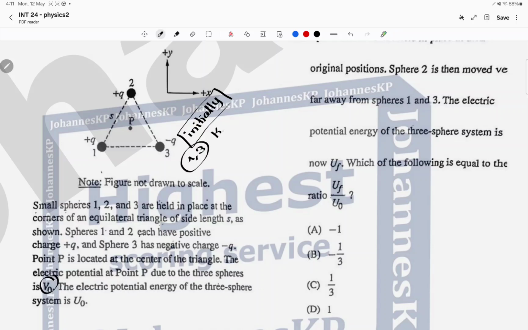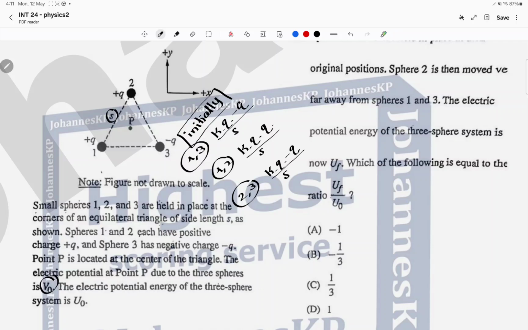That means K Q1 Q2 over S. Now let's do 1 and 2. So K Q1 Q2 over S. Let's do now 2 and 3. So K Q1 negative over S.